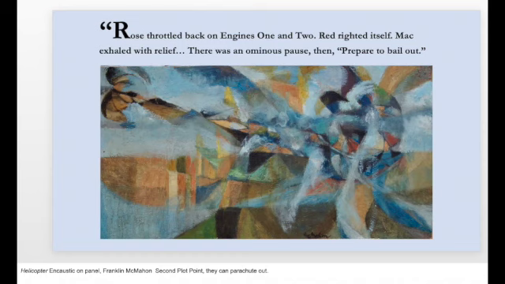The plane righted itself. Mac exhaled with relief. Navigator came in over the interphone. "Set," Mac replied, and reached for his instruments to calculate a new heading. "We might make it. If only the fire blows out, we might make it." Rose came over the interphone again. There was an ominous pause, then: "Prepare to bail out."